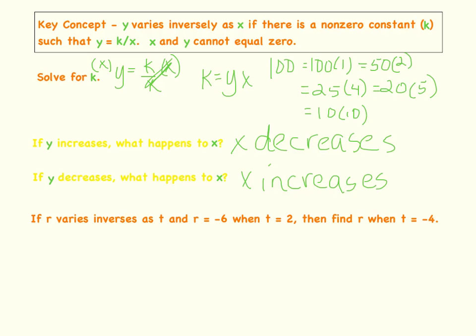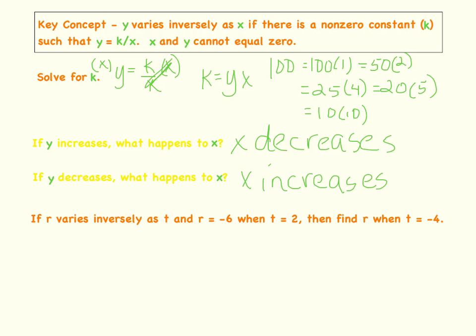Now let's go the opposite way. If I start out with a y value of 10 and I increase it to 20, what actually happens to my x value? It decreases. It does the opposite. So that's why we would call this inverse variation versus direct variation.